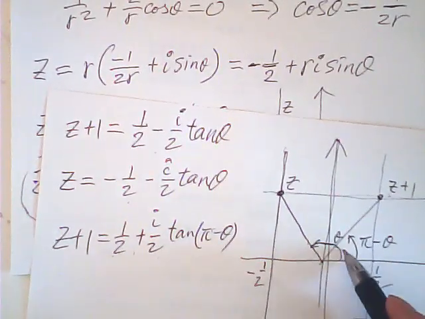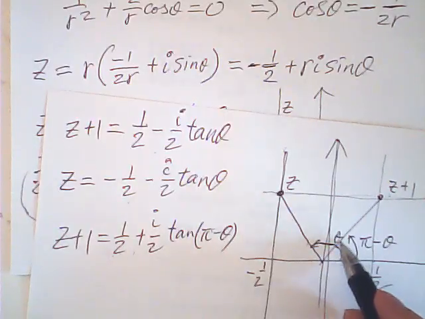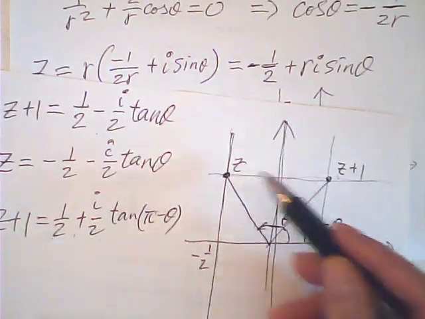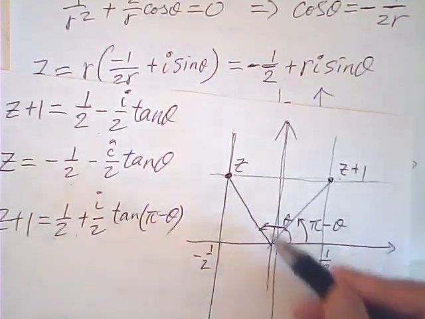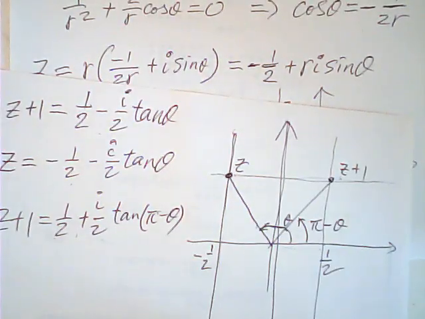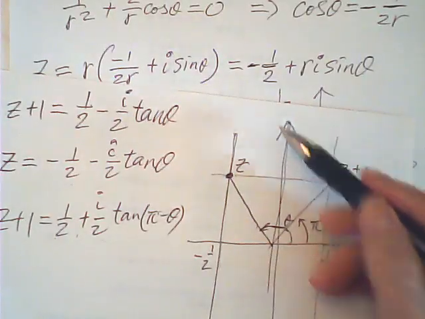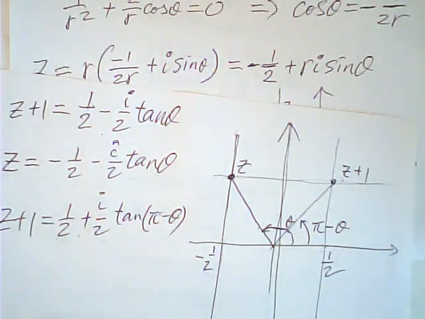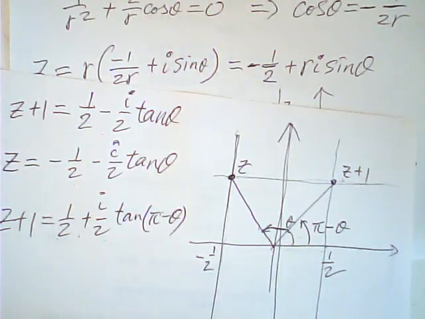Now, here what is theta? Theta is an argument for z. So theta cannot be more than half pi, right? Theta, the maximum is half pi, it does not reach half pi. And it cannot be less than negative half pi.